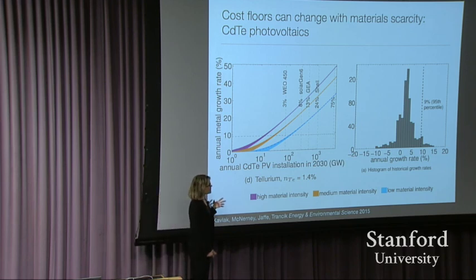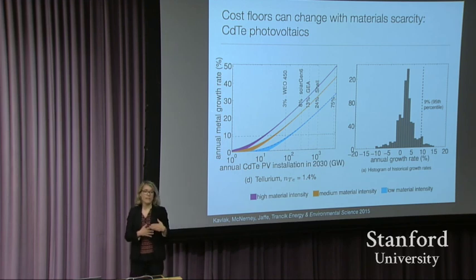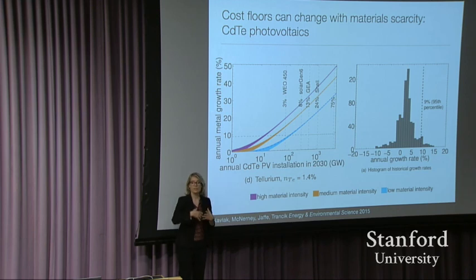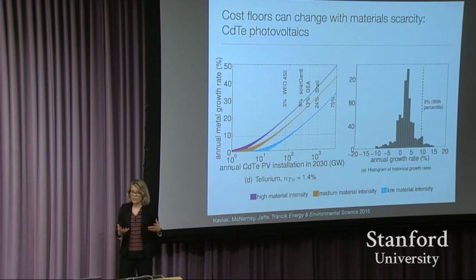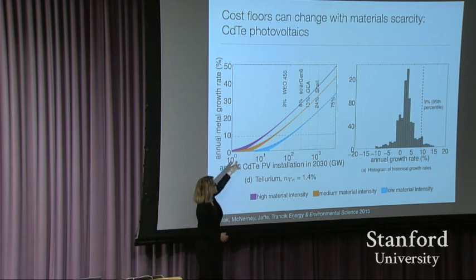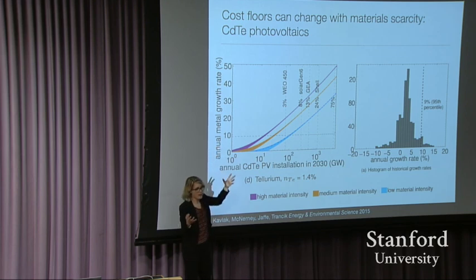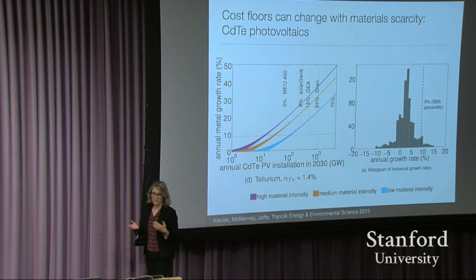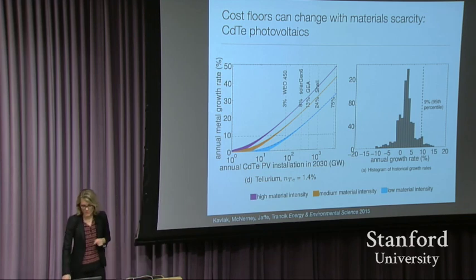So this is a note of caution. It doesn't mean that we shouldn't invest at all in CdTe photovoltaics, but it does suggest that we should be looking at the scalability of these kinds of technologies. If we were to approach these levels of production growth rates, and it's not likely to happen, but if that were to happen, it could actually raise the cost floor for this technology and limit its long-term cost improvement.